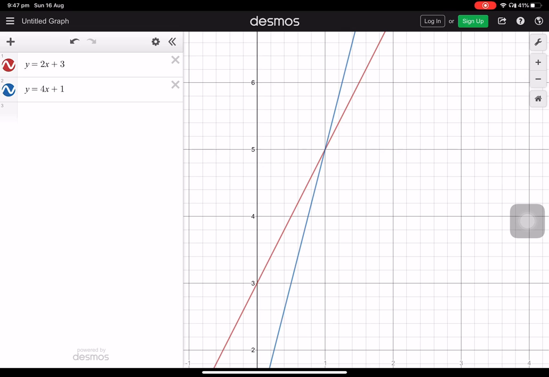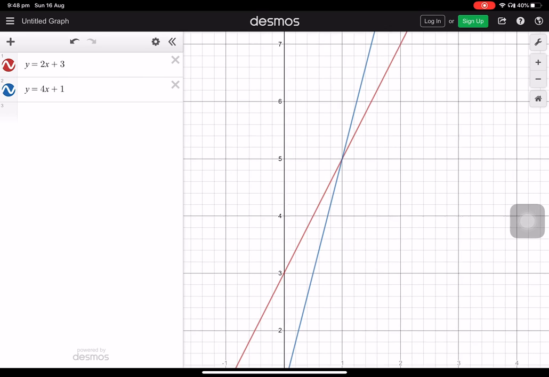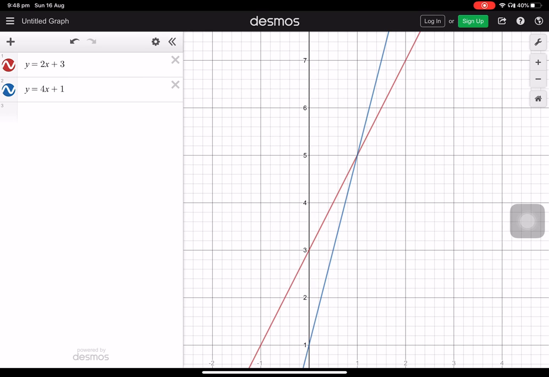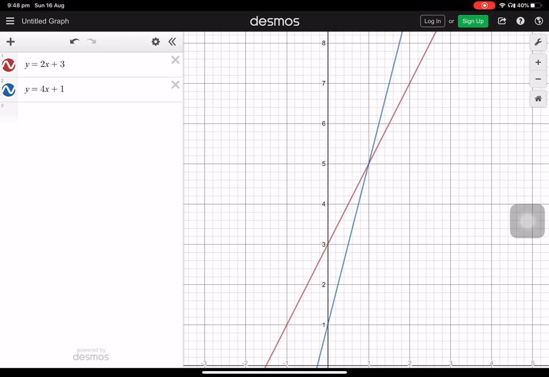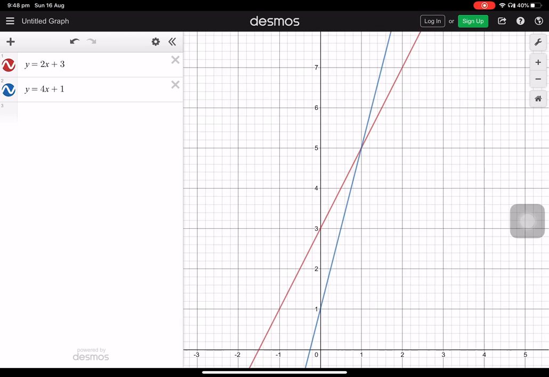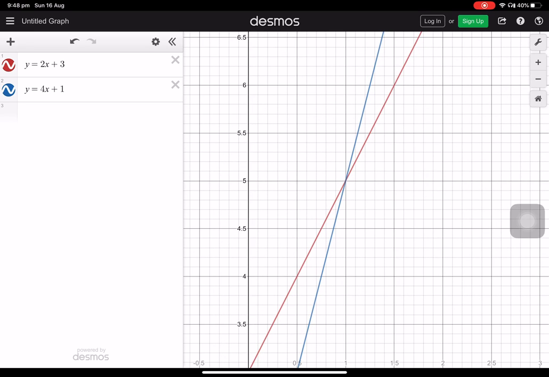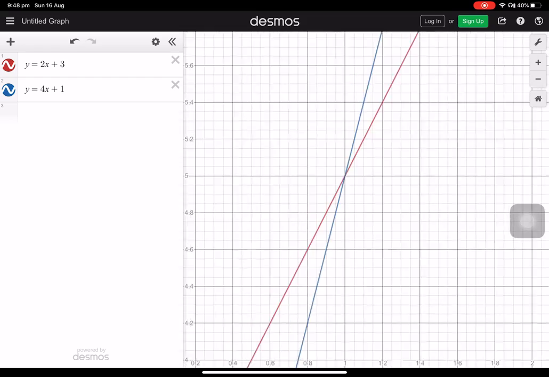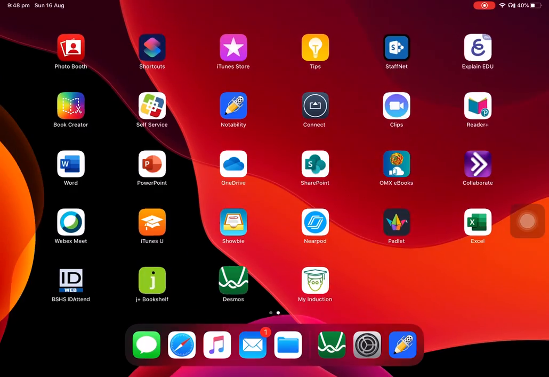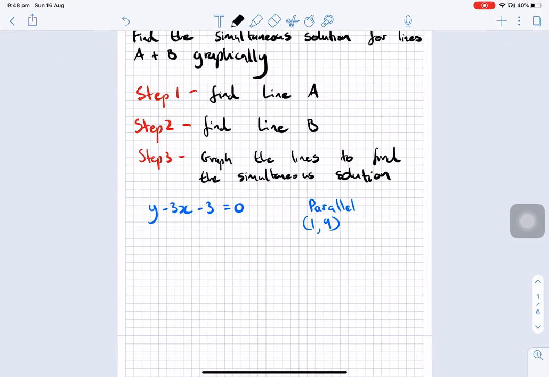The x value at that point is 1, and the y value is 5. So our simultaneous solution for these two equations would be x equals 1 and y equals 5, because that's the value of the point where the two lines intersect. That's what we're going to try and do here with a slightly more complex problem.